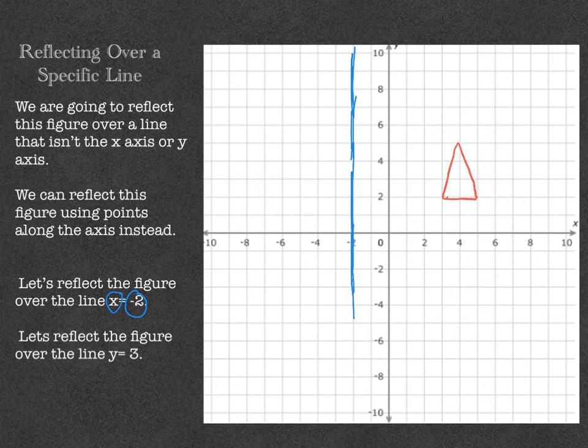So now we can do our normal thing. We can count across and see how many away it's going to be, right? So let's A, B, and C this. Our A point is closest. So we go 1, 2, 3, 4, 5. Excellent. 1, 2, 3, 4, and 5.